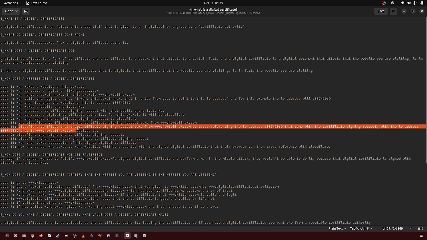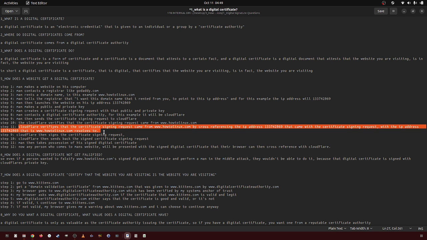Cloudflare verifies that the certificate signing request came from www.howtolinux.com by cross-referencing the IP address 1337.420.69 that came with the certificate signing request with the IP address that www.howtolinux.com resolves to. So basically what they're doing is they're going, okay, we got a certificate signing request from this IP address, and it's asking for a certificate for this website.